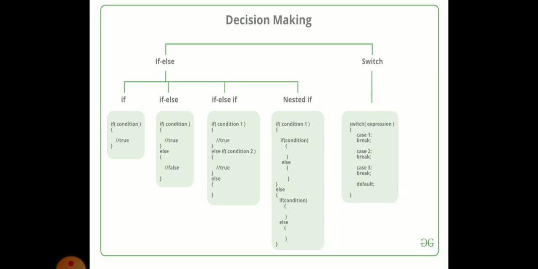For example, if we need to check the greater of 2 numbers, greater of 3 numbers, etc., we need to check for a particular condition, and based upon that condition, a particular set of statements will be executed, and if the condition becomes false, another set of statements will be executed.